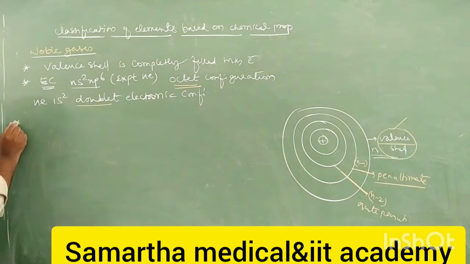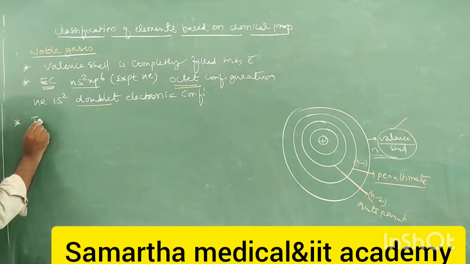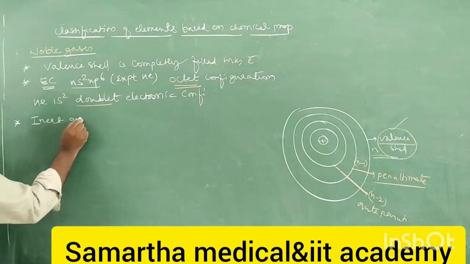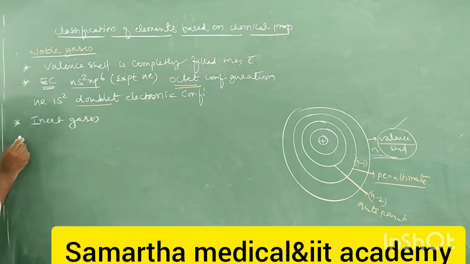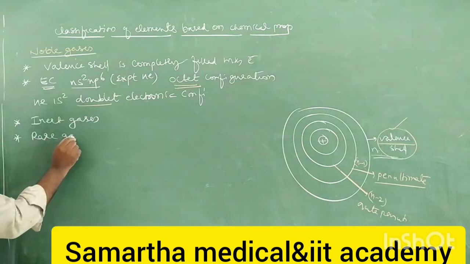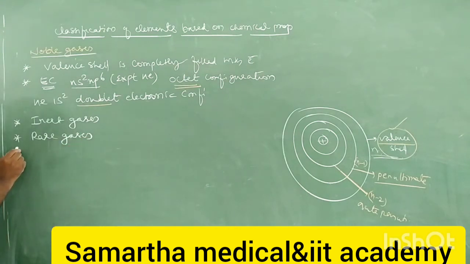Next, what are the other names of noble gases? We have already studied this. They are also called inert gases. Next, they are also called rare gases. Next, aerogens. They are also called bridged elements.